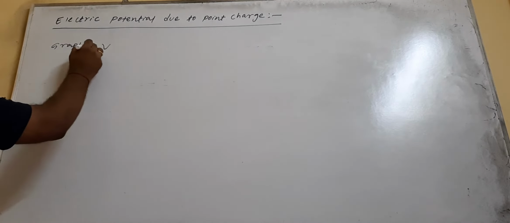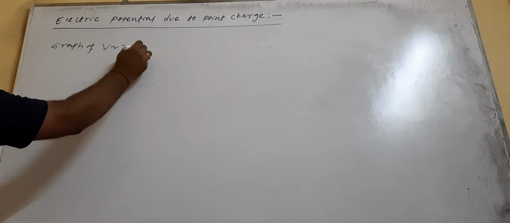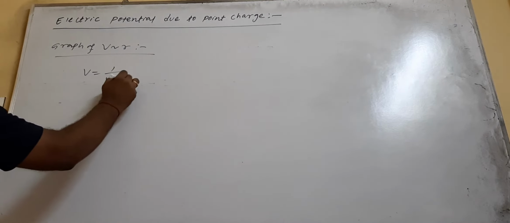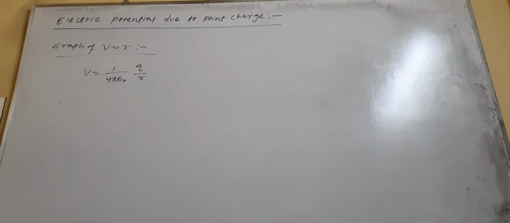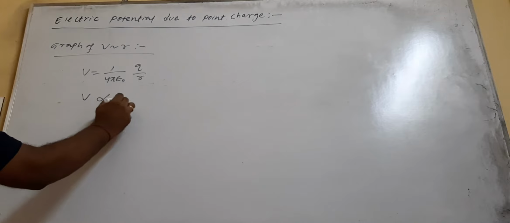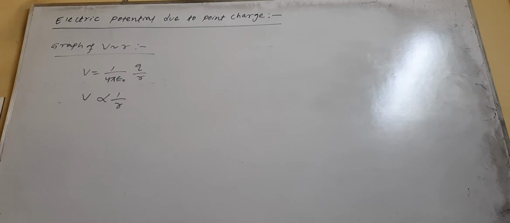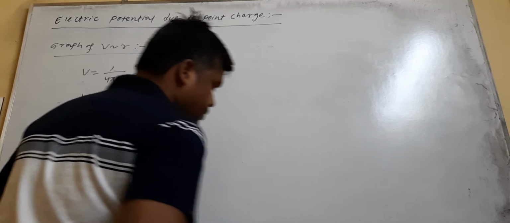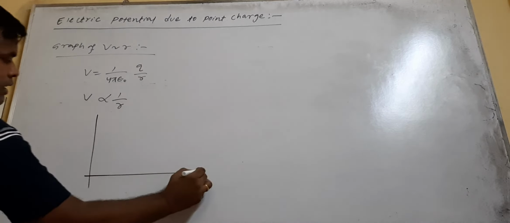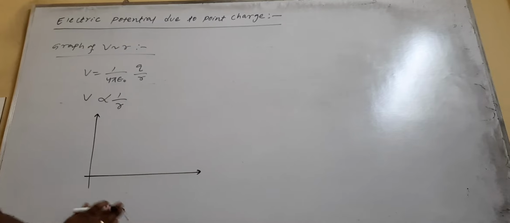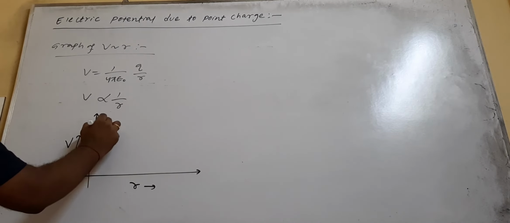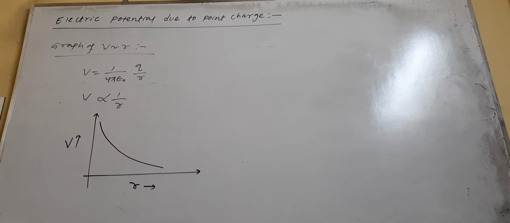Electric potential versus R. V, you got, 1 by 4 pi epsilon 0 Q by R. That means V is inversely proportional to R. So for positive charge, electric potential is positive. You take R along x and V along y, the graph will be like this.